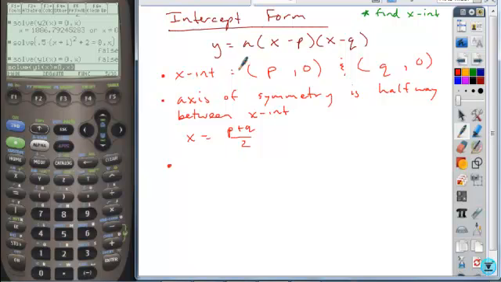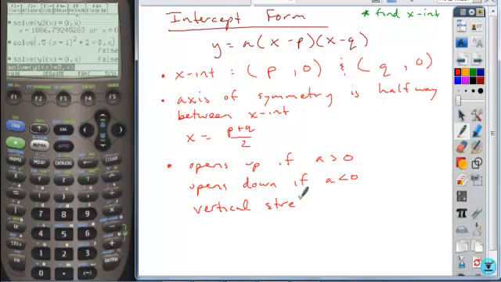And then once again, you can use A to determine whether it opens up or down. If A is greater than 0, a positive number, it opens up. If A is a negative number, it opens down. It's a vertical stretch if the absolute value of A is greater than 1. Again, this also means that it's a steeper or more narrow graph.